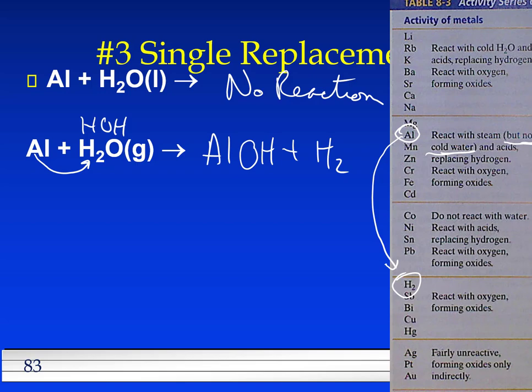Hydrogen can't be by itself, so I put a 2 next to it. I was supposed to ask you, but it's so automatic for me. Okay, aluminum is 3 plus, OH is 1 minus. So notice what we did. We did what the name said. We single replaced. Now we figure out subscripts. I need 3 OHs. Now I have the right formulas.